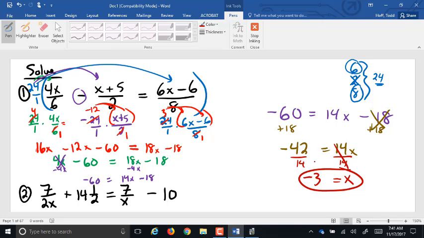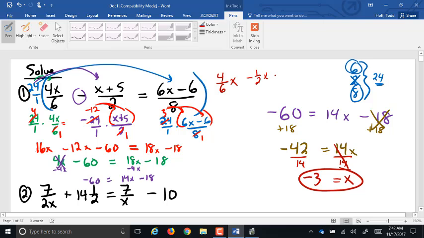Completely different. Well, you could have made this 4 6x reduced to 2/3. You could have distributed the minus here to make this a minus 1/2 x minus 5 over 2. Oh, sure.